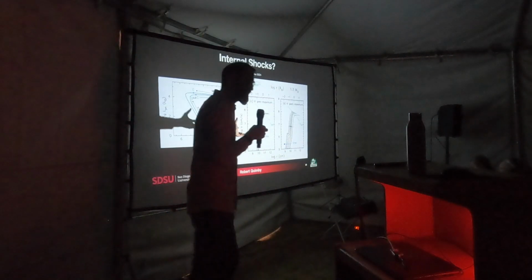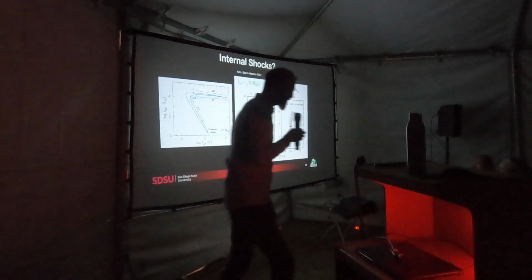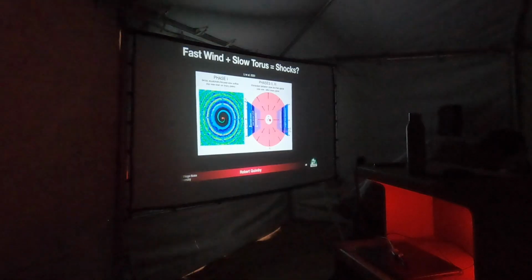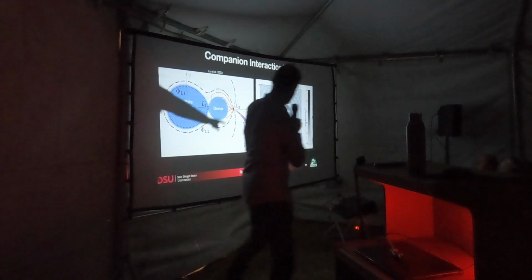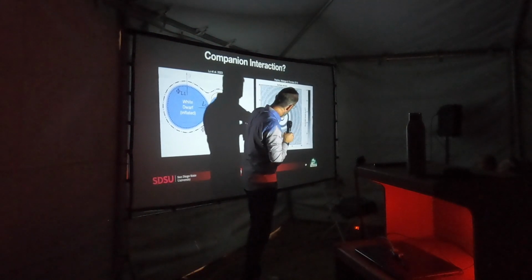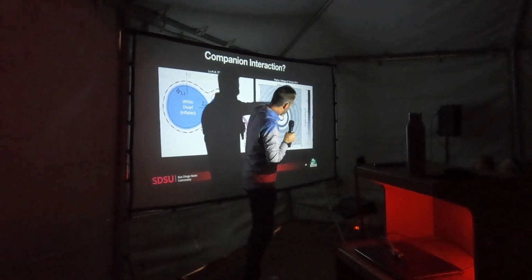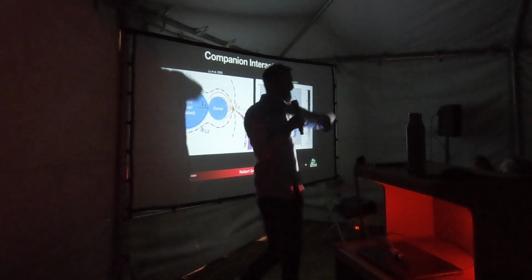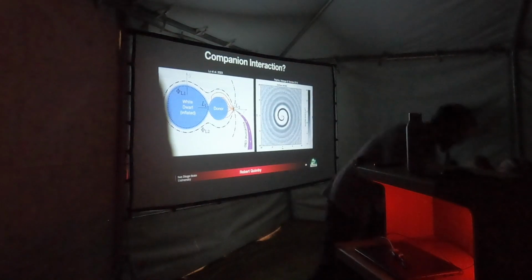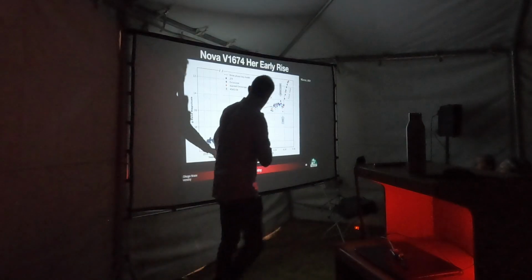Okay. So which one of these is right for our nova? Well, there's a problem with the first one. It takes time to make all this. If you're spreading out gas here, you need many orbits to spray all that gas out and make that torus. And when we look at our data, this is only a few hours.